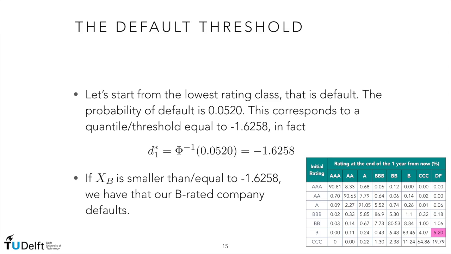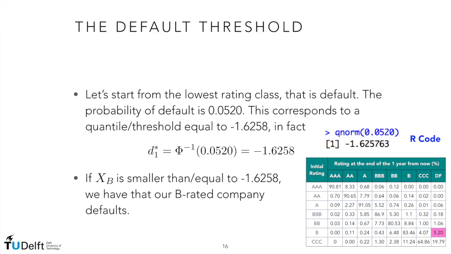How can we compute the default threshold d_1? We simply apply the quantile function of a standard normal to the probability 5.2% that we can read in the transition matrix. We get minus 1.6258. If X_B is smaller than this threshold, we have a default.